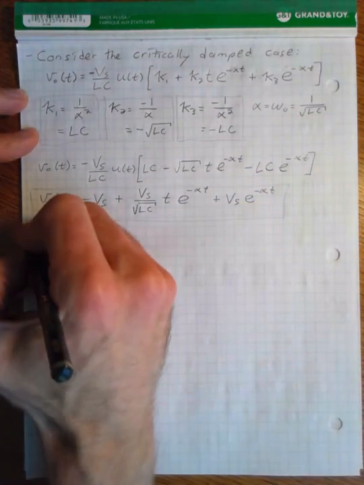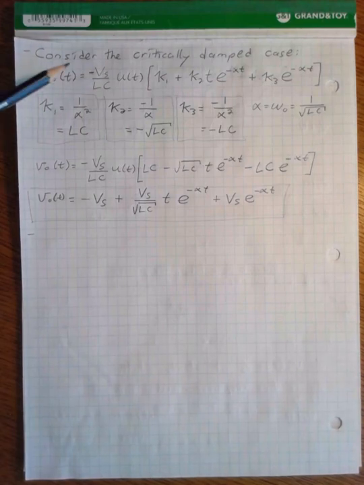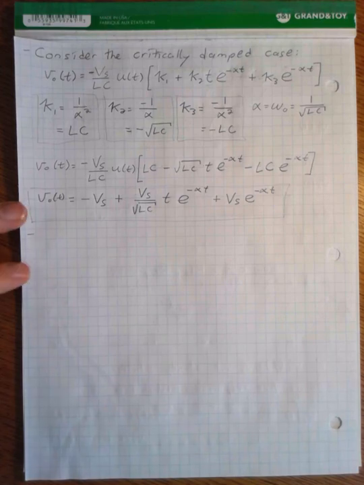We're not quite done because this is the response to the negative step function, and we said our shortcut was going to be to solve this step response and then add an offset of Vs to it, because we had to add an offset to our input, so we're just going to add an offset to our output.